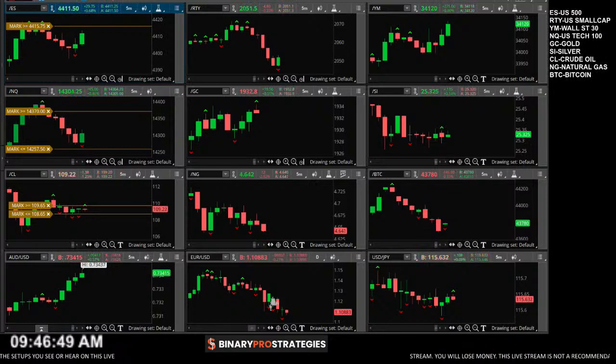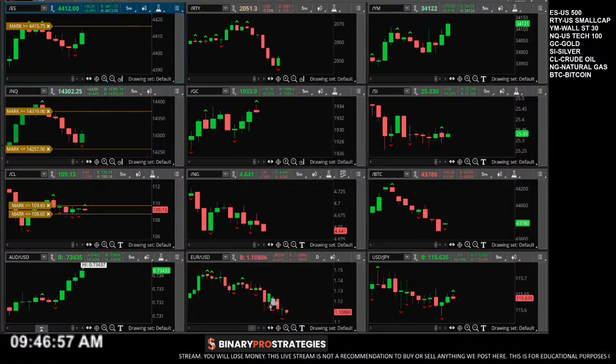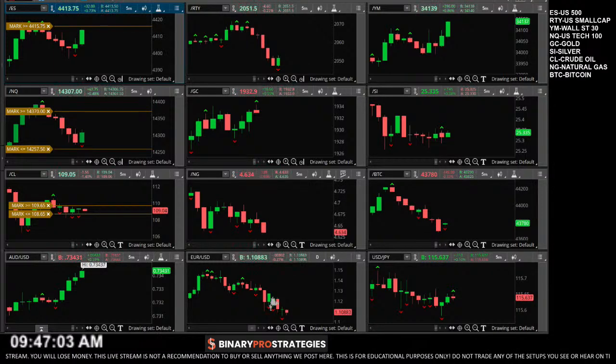Here are the symbols once again. If you're not familiar with the symbols, they're over here on the top right hand corner. ES is your small S&P 500. Looking for a target of 44.1575.